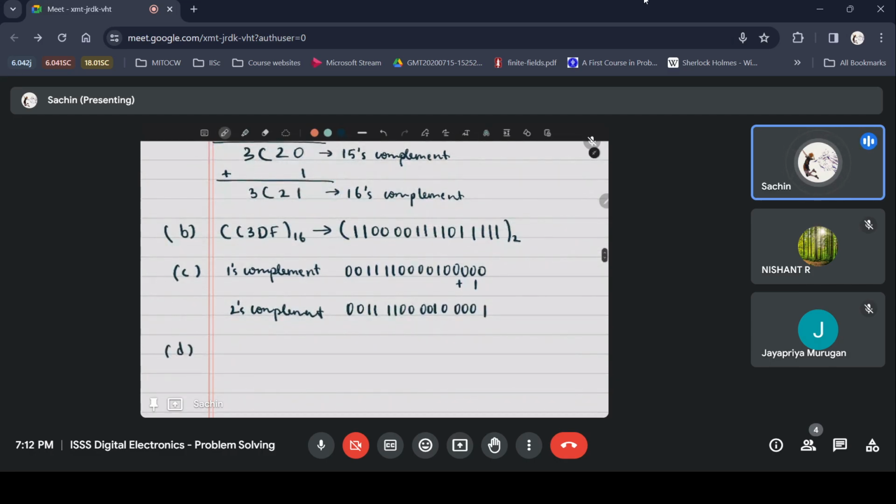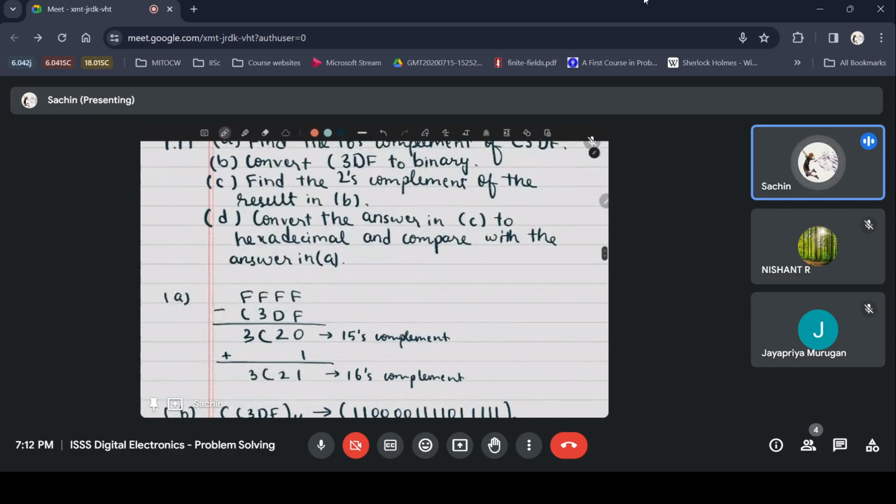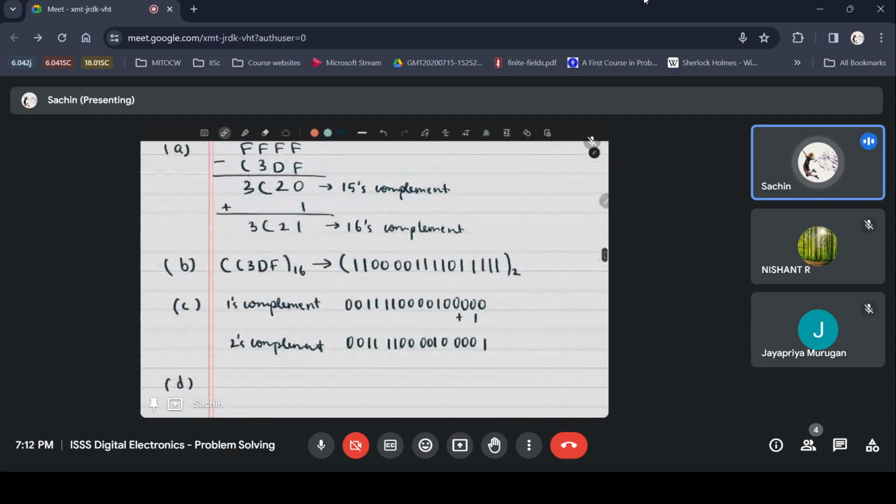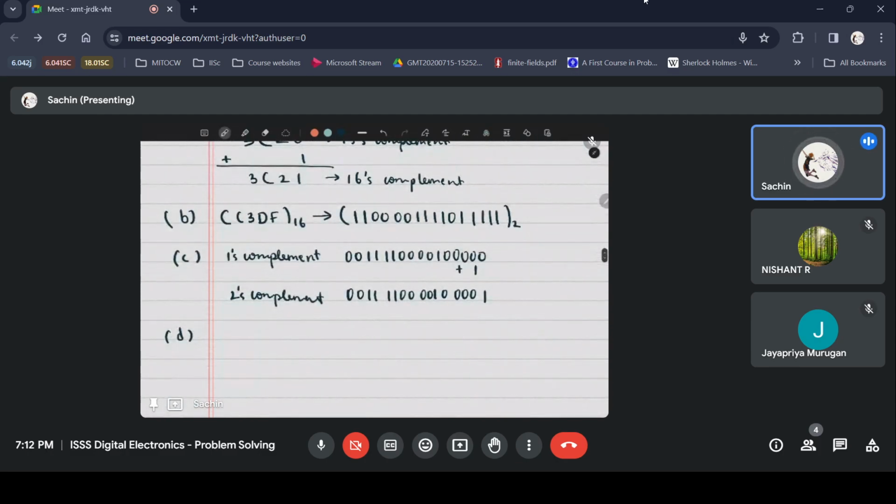And in part 4, convert the answer in part C to hexadecimal and compare with the answer in A. So let's first convert it into hexadecimal. That's 3C21 base 16.